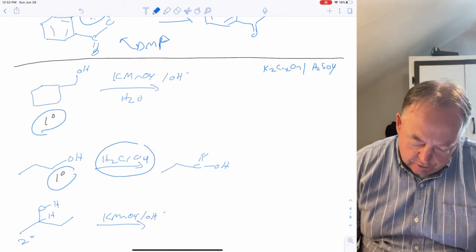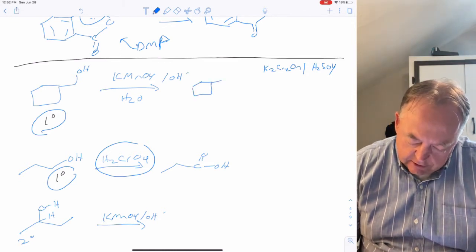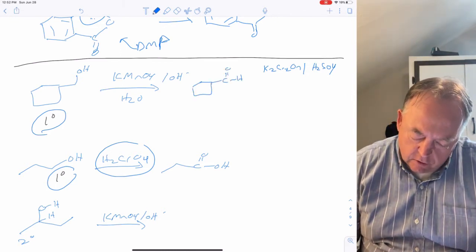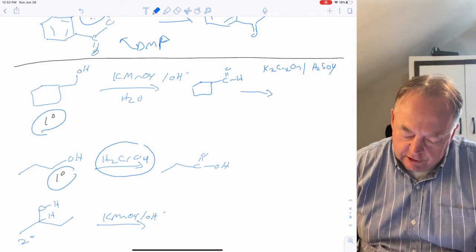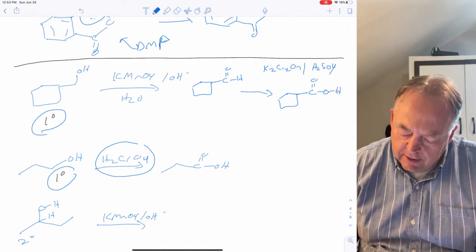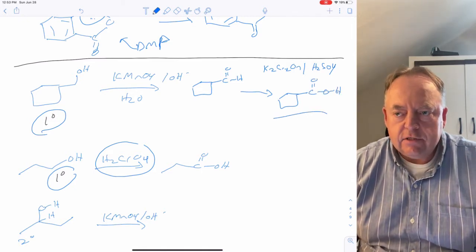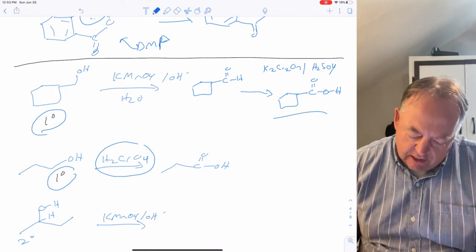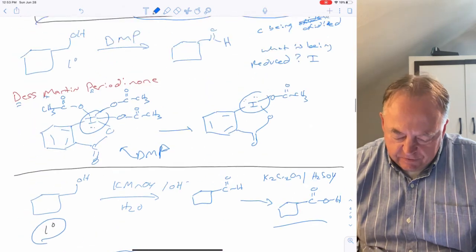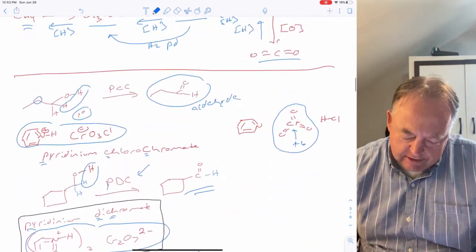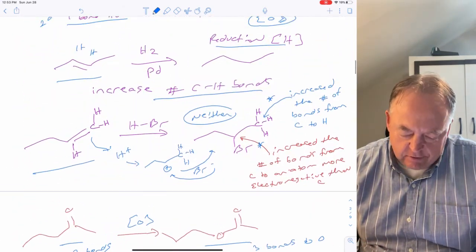What they're going to do, they would initially oxidize the primary alcohol to the aldehyde, but aldehydes are susceptible to oxidation. So once the aldehyde is formed, it can oxidize again and make the carboxylic acid. So with any of these strong oxidizing agents, primary alcohols go all the way to carboxylic acids, but with one of these weaker or milder oxidizing agents, it'll stop at the aldehyde.